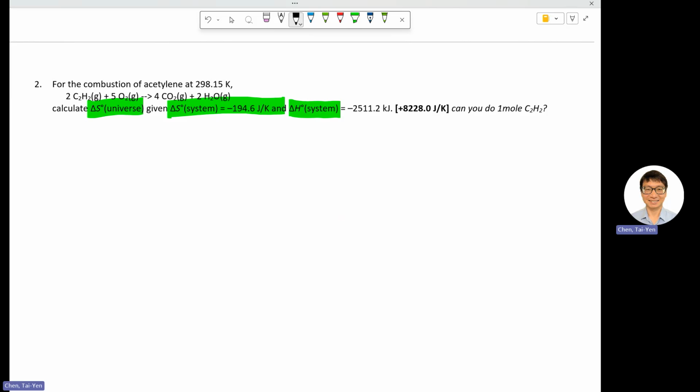So let's do our 2D papers. Okay, Q. You want to know your delta S not universe, right?